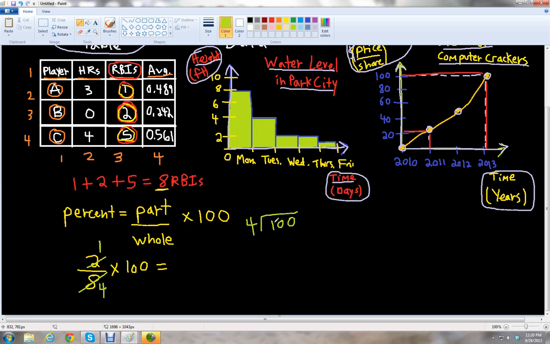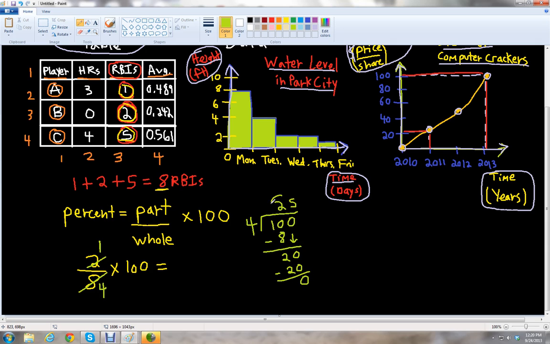So 4 goes into 100. Let's see, 4 goes into 10 twice, 2 times. 2 times 4 is 8. And then 10 minus 8 is 2. Bring down the 0. And 4 goes into 20 5 times. And so we have 5 times 4 is 20. And 20 minus 20 is 0, so that goes in evenly.